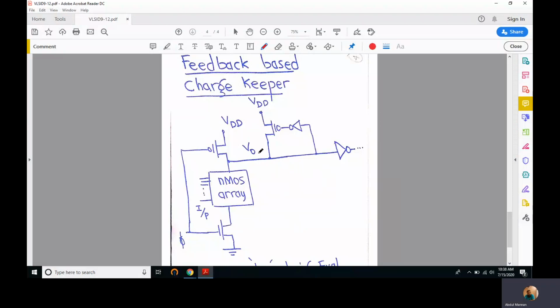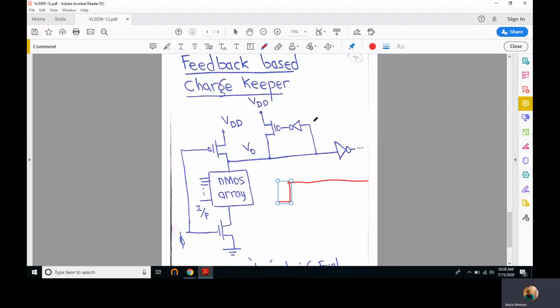So this V out during pre-charge is at VDD, and if during the longer evaluate period it finds a discharge path through this NMOS array, and the voltage tries to go below VDD.